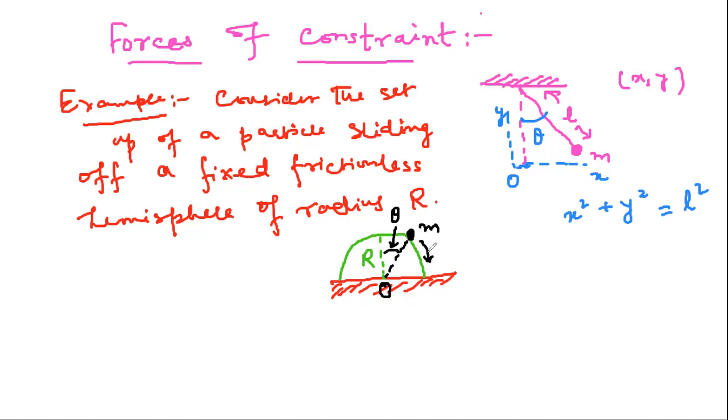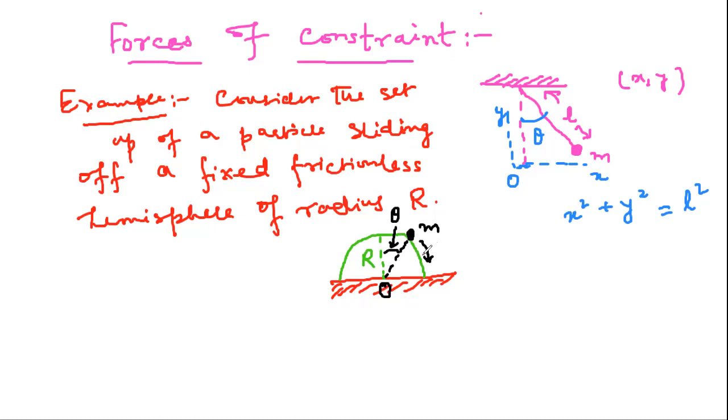So let us say that we are concerned only with finding the equation of motion for theta, because it is the theta which changes with time, and that dependence of theta on time will give us how this particle will move in time, right? So everything we will write in terms of this theta.